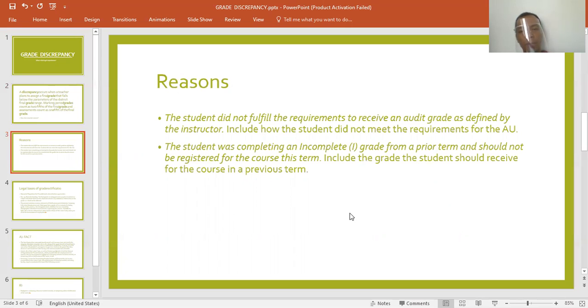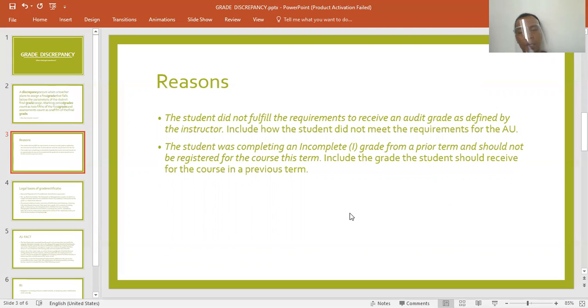And the student was completing an incomplete grade from a prior term, if there is, and should not be considered or registered for the course this term. Include the grade the student should receive for the course in the previous term. So the present grade, present term, is not reflected as the previous grade.